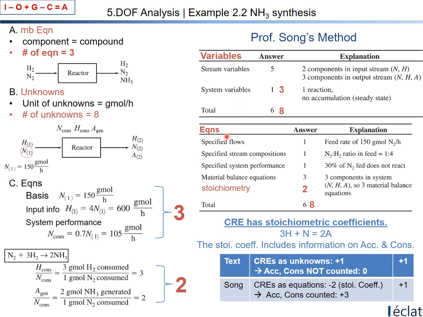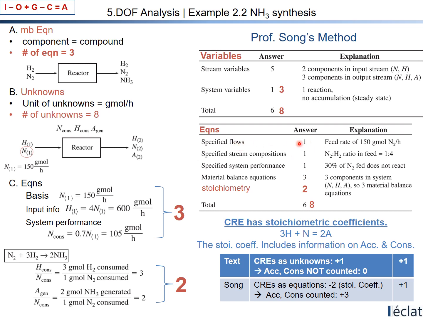Let me go to the number of equations or number of restricts. Material balance equation is 3, the same thing, because we have defined the compounds as the components in both methods. So the number of material balance equations is the same.